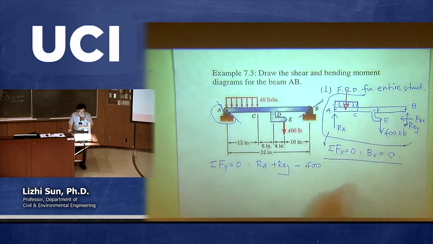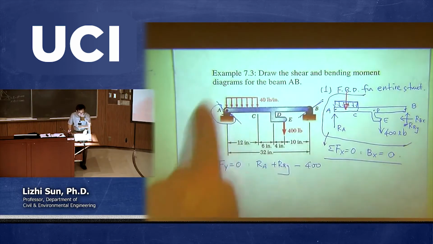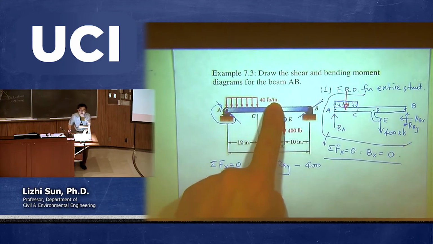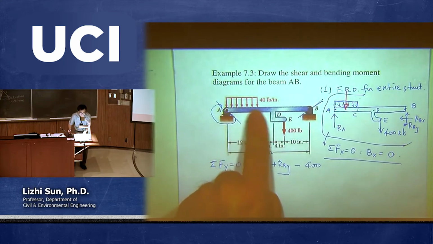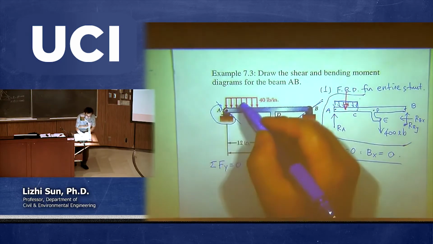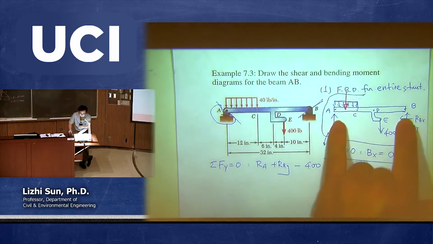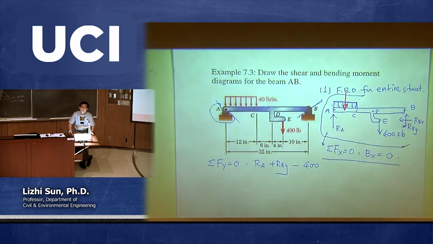However, if I'm asking you, originally in this structure, in reality we have a distributed load, 40 pounds per inch, starting from point A all the way to point C. Is this the same as a concentrated load acting at the local center between A and C? The answer is no, they're not the same. But in order for us to calculate the overall reactions, we use such equivalence.